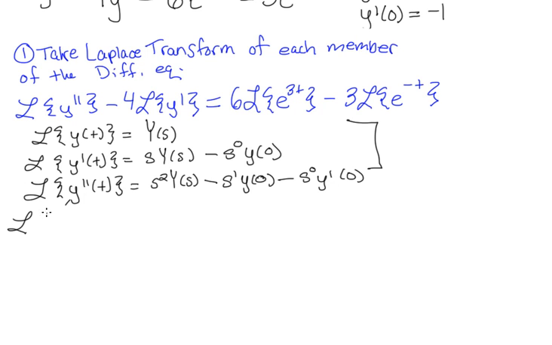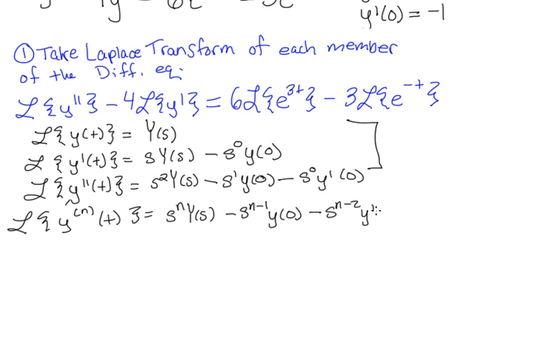So the Laplace of y to the n, so whatever derivative, and so the first derivative, second, third, that's n, equals s to the nth times capital Y of s, minus s to the n minus 1, lowercase y of 0, minus s to the n minus 2, y prime of 0, minus, and it's just a pattern, it's going to be s to the n minus 3, y double prime of 0, minus dot dot dot, minus y to the n minus 1 of 0.